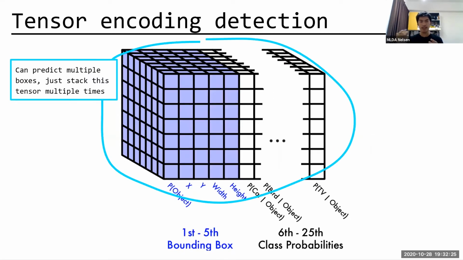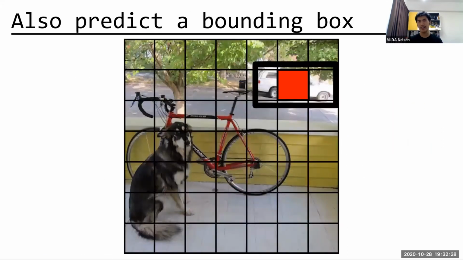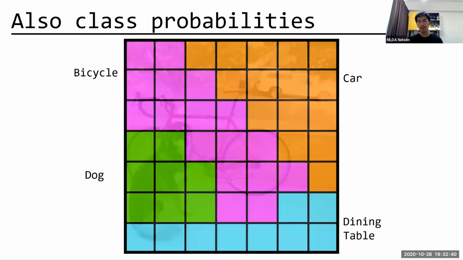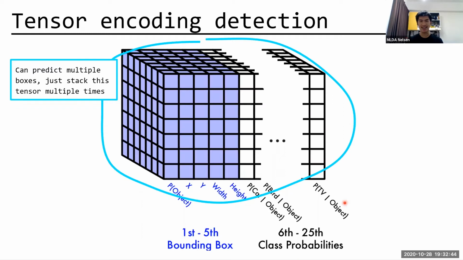So for this specific case, we only have one bounding box for each grid, which is the one we discussed earlier. That means for each bounding box, there is only P object, X, Y, width, and height.